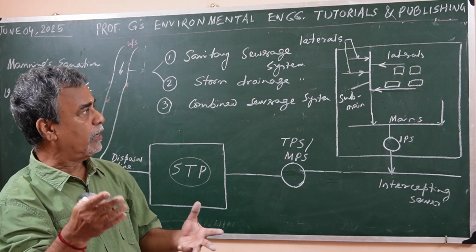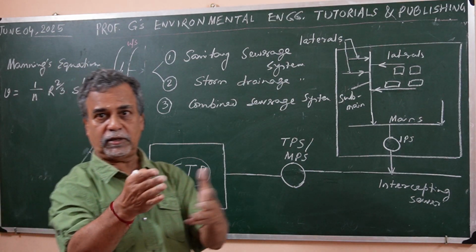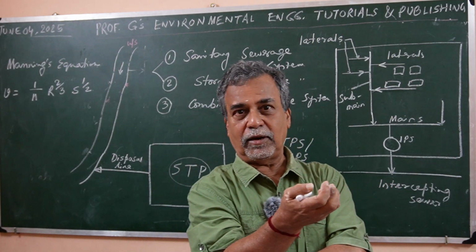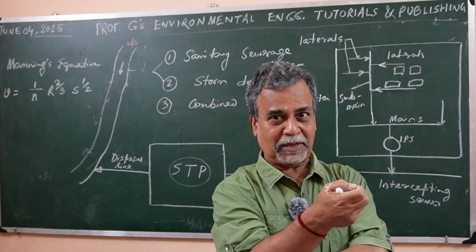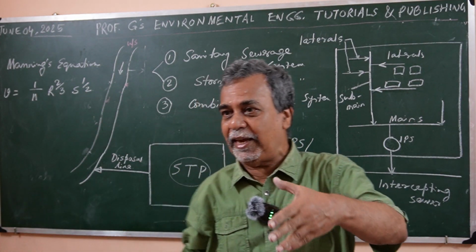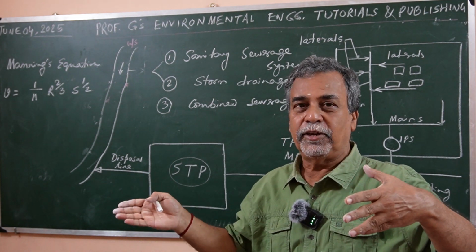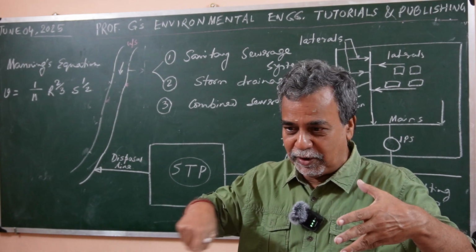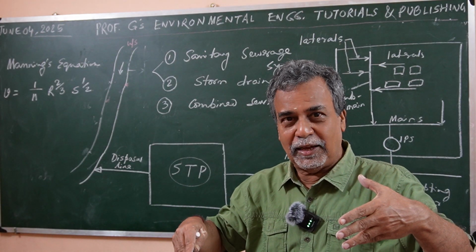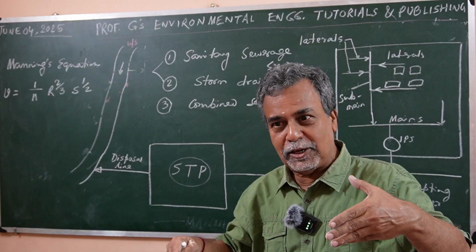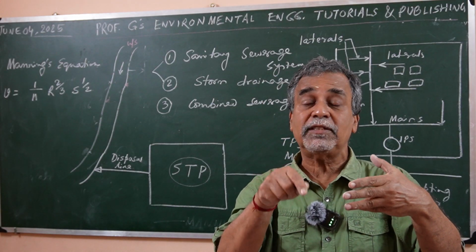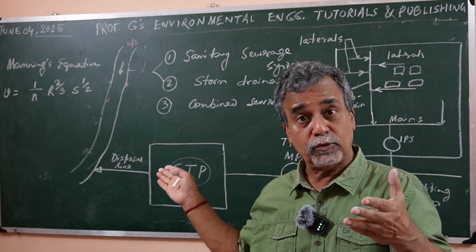So rainwater is collected. You might have seen by the side of the road, on the curved edge, the rain collecting system with a screen like this, right? From there it is collected and then connected to the sewer line. When this is the case, it is called the combined sewerage system.